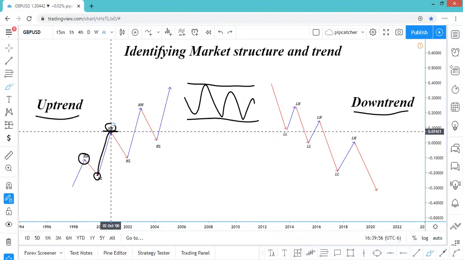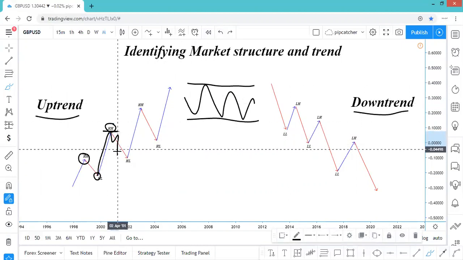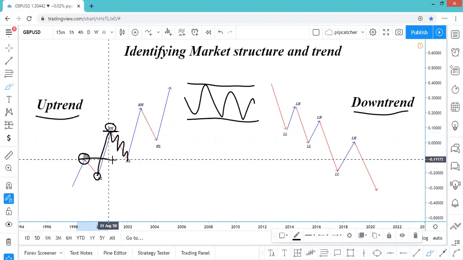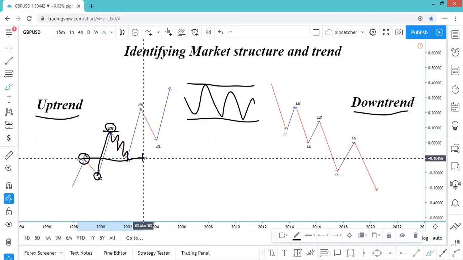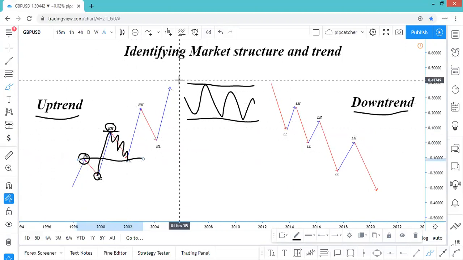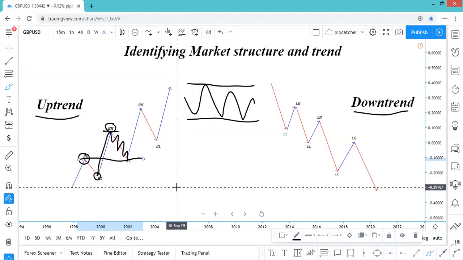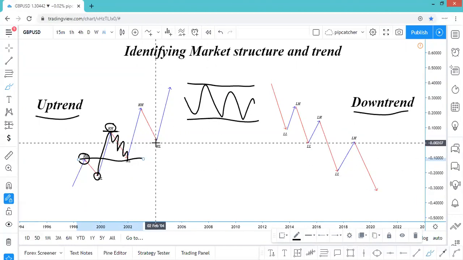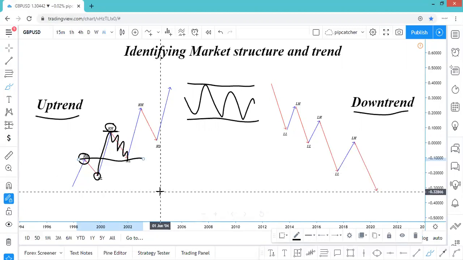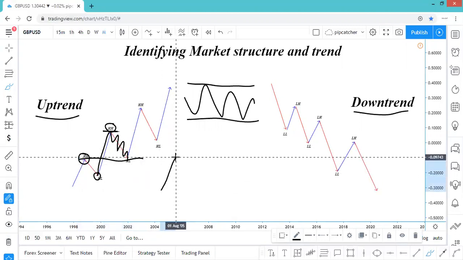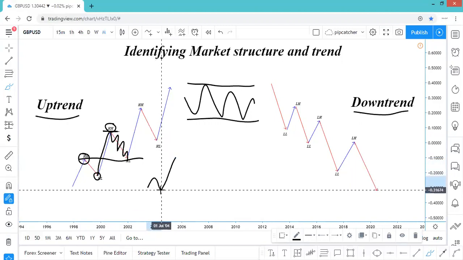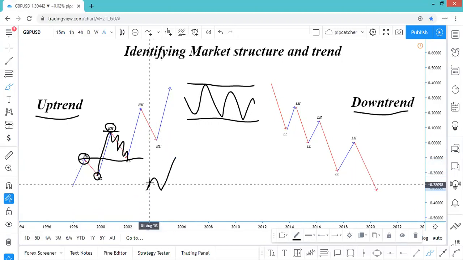But instead, we have to do some type of retracement to match higher time frame trends, right? So say on the higher time frame we have an uptrend, but then there's a structure right here that got broken.